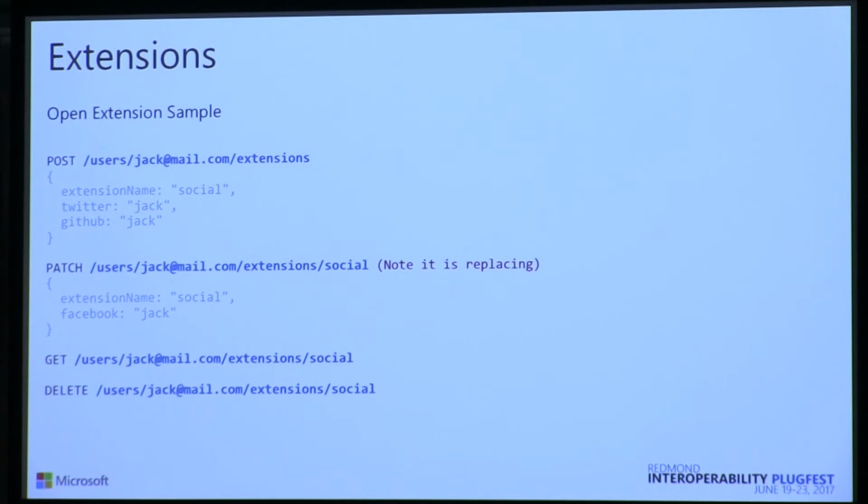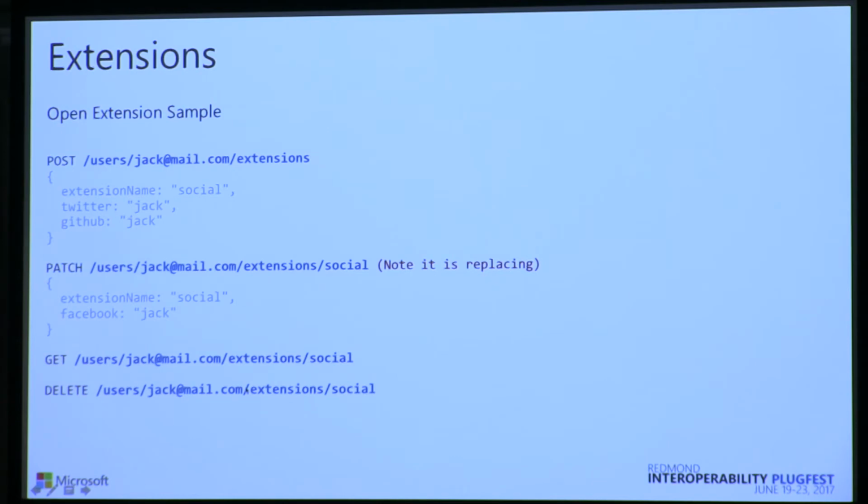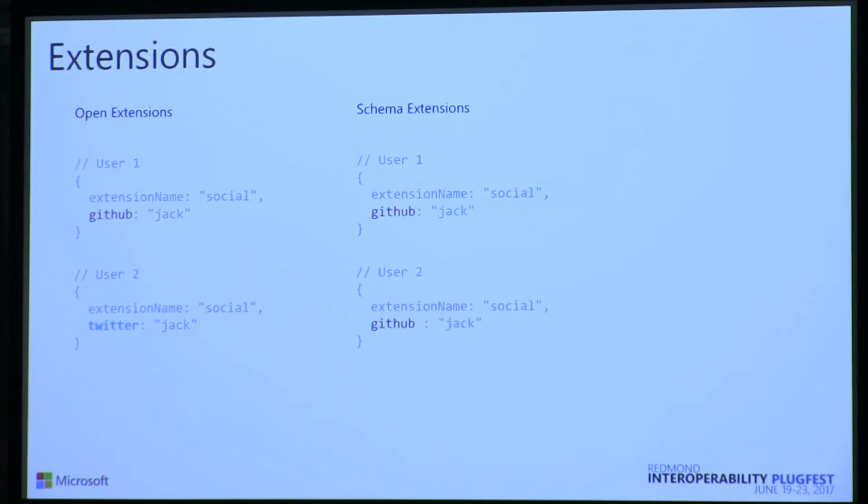You can also patch it, which just replaces the original extension. And you can get the extension, and it will return this data. Or you can just delete it. It's very simple. So this helps you add some extra information to the existing data.